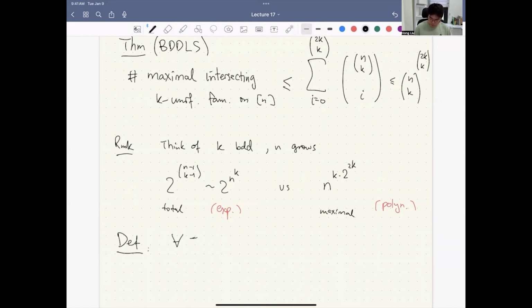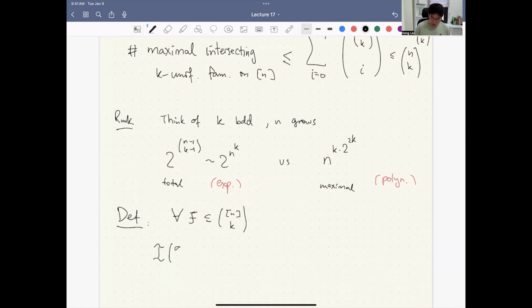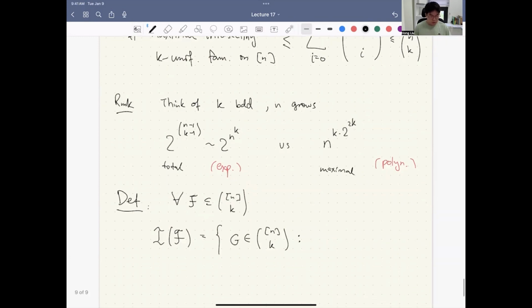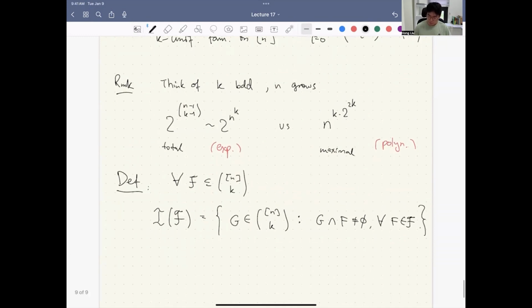Given a family, it doesn't have to be an intersecting family, just a k-uniform family F, we write I(F) to be all those k-sets that intersect all elements in F. So all k-sets G such that G intersect F is non-empty for any F in F. The family of all k-sets that intersect all sets in F. This is the family.